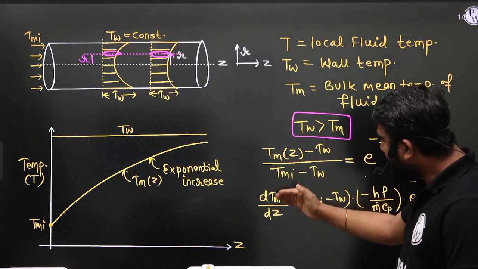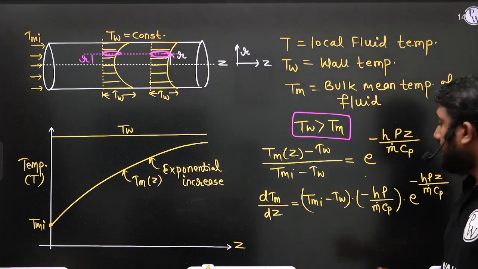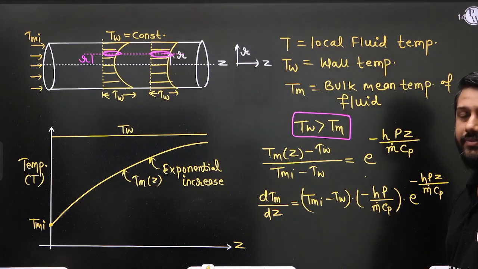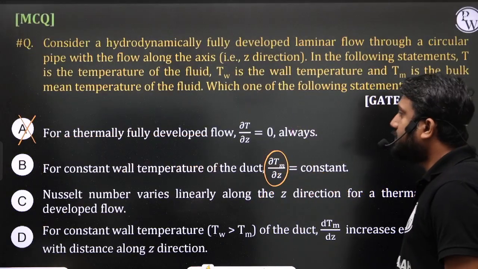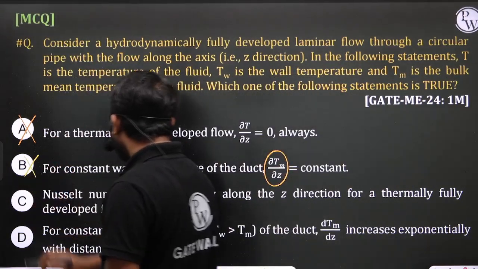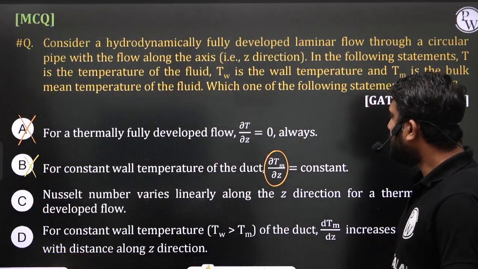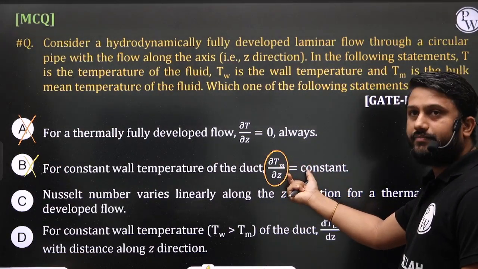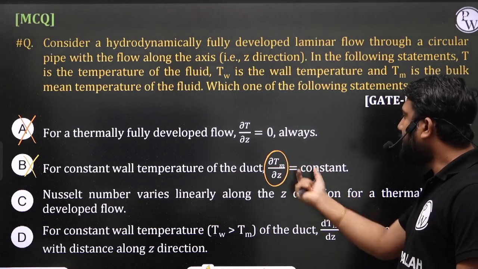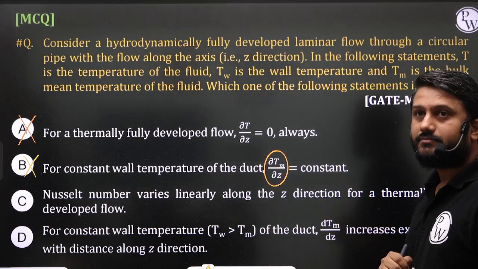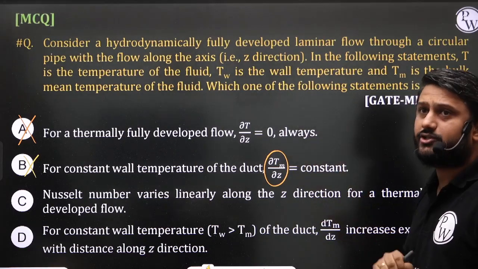If you find dTm by dz from here, it is very clear this relation is exponential. So option B is also wrong. Del Tm by del Z varies exponentially, and it actually exponentially decreases.